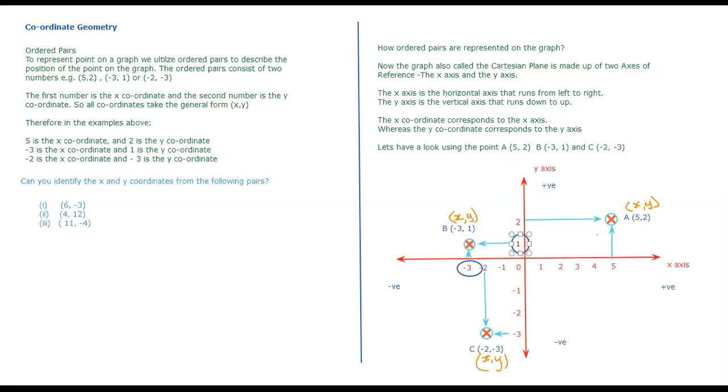You're going to be able to plot that point. Again, you could look at the coordinates. (-3, 1) tells me a story. It tells me that the x is on the negative side, to the left, and the y is positive. So that means it's going to lie in this top left quadrant. Those coordinates can tell you a bit about where the point is going to be on the graph. And last, I have (-2, -3), both negative, so we're looking at the bottom left quadrant of the graph.